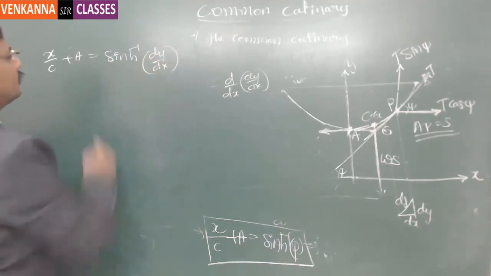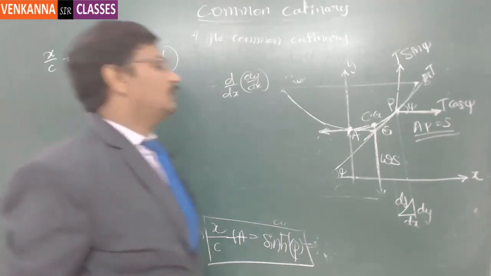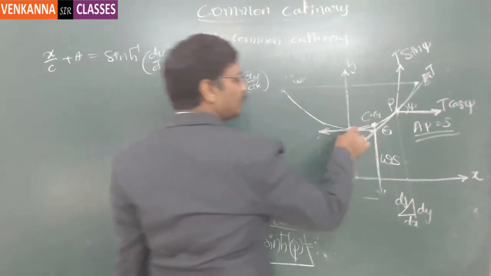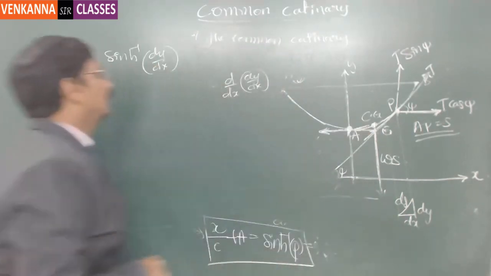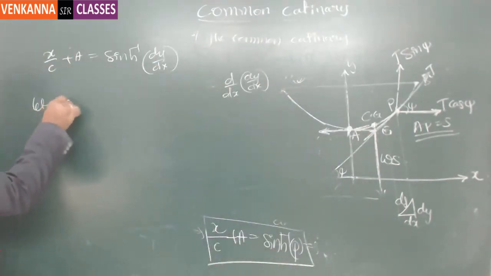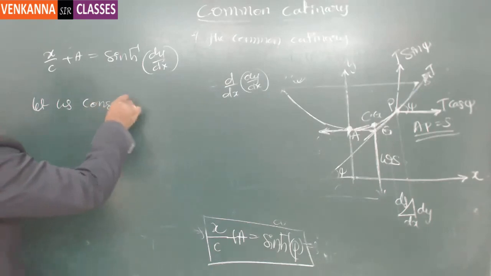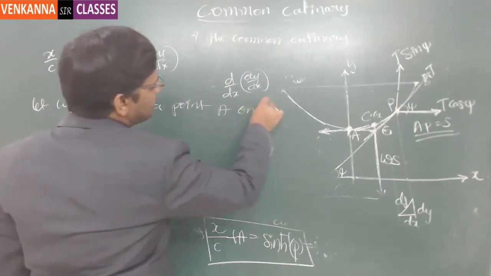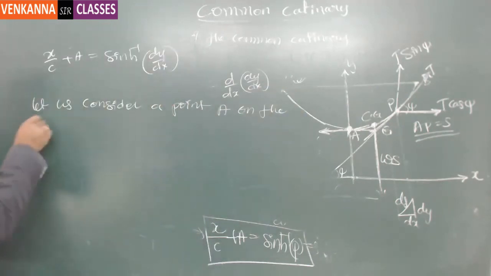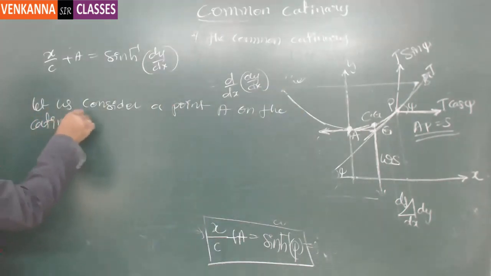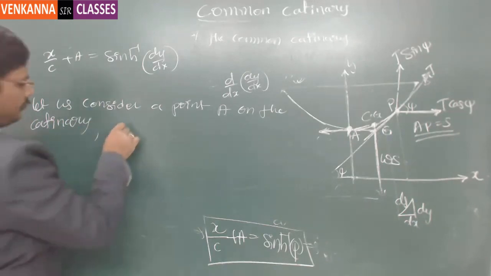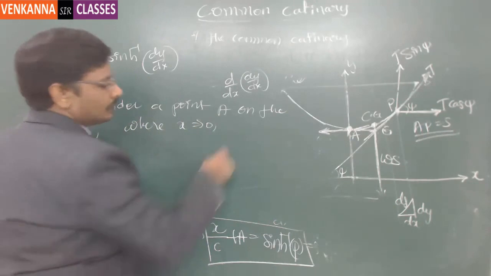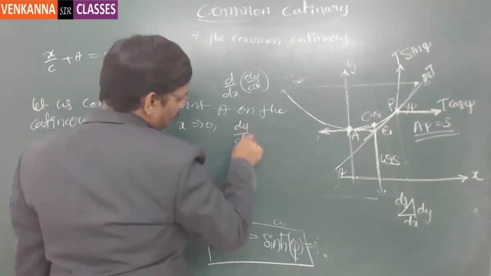Now to find this constant value, let us consider one convenient point, a point A on the catenary where x is equal to 0 and dy by dx is also 0.